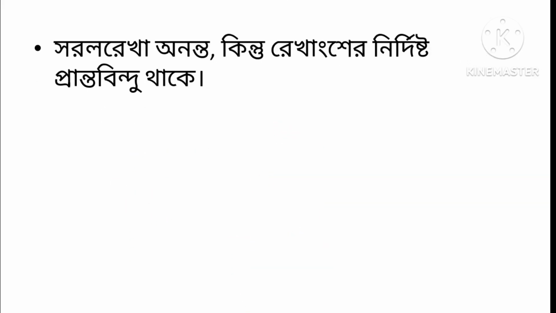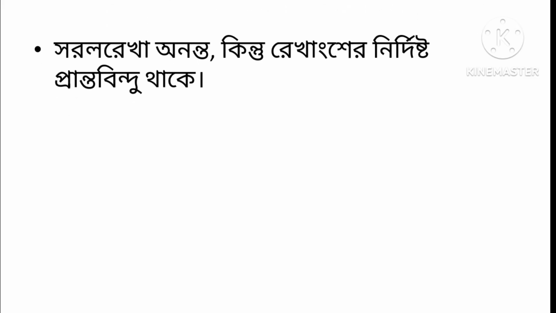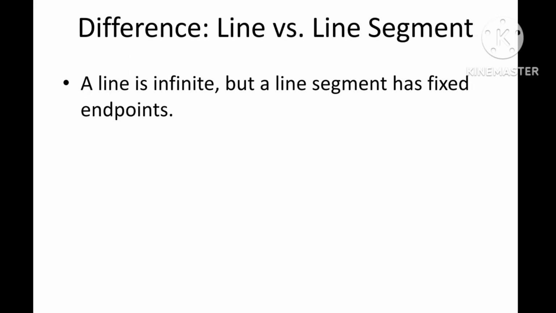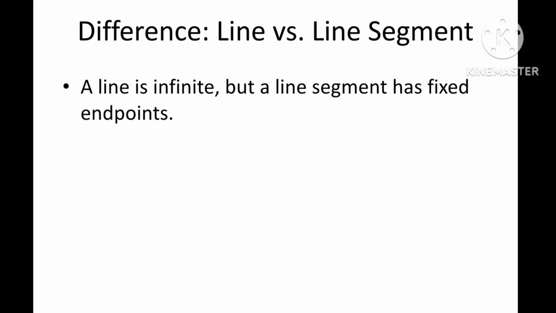Now we see the difference between a line and a line segment. A line is infinite, but a line segment has fixed endpoints. This is a line.